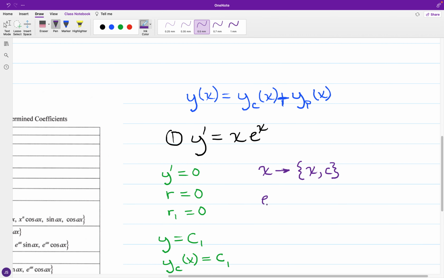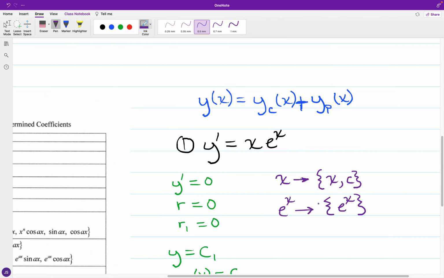And with our other factor in x, we have the natural logarithmic base e, which is raised to the x. And guess what? You have e to the x, and any derivative of this is just going to be e to the x.